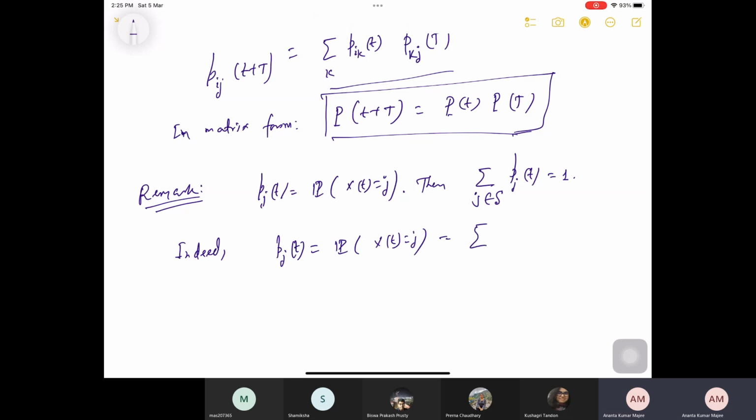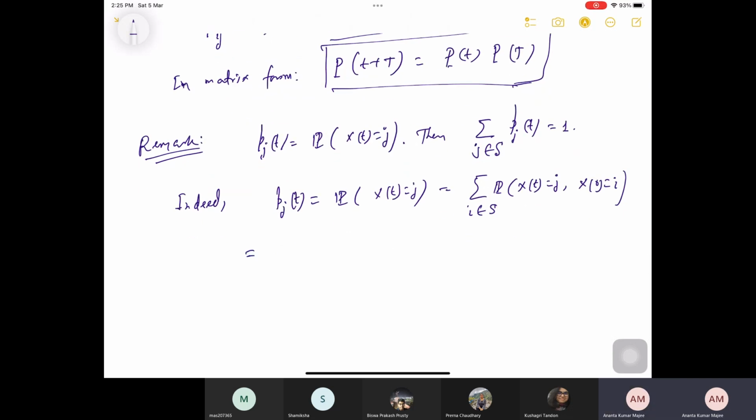This is the summation over i in my state space S of probability of X(t) = j and X(0) = i. Writing this down, this is the summation over i in S of probability of X(0) = i, and then probability of X(t) = j given X(0) = i.